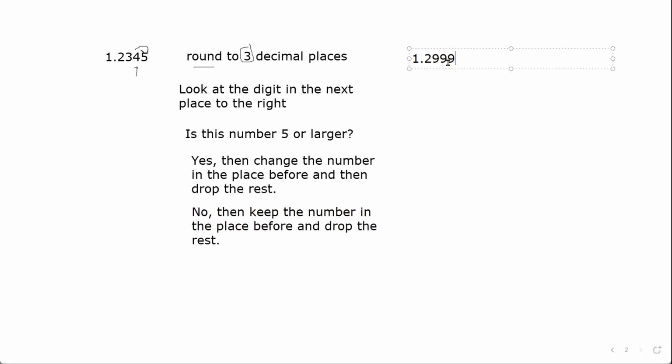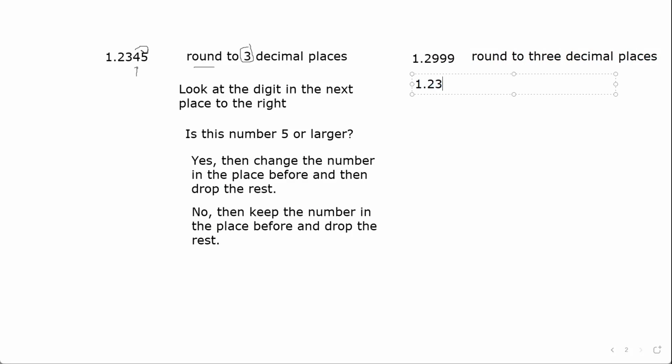There's a 9 here. If I round to 3 decimal places, then what I'm going to have is 1 point.